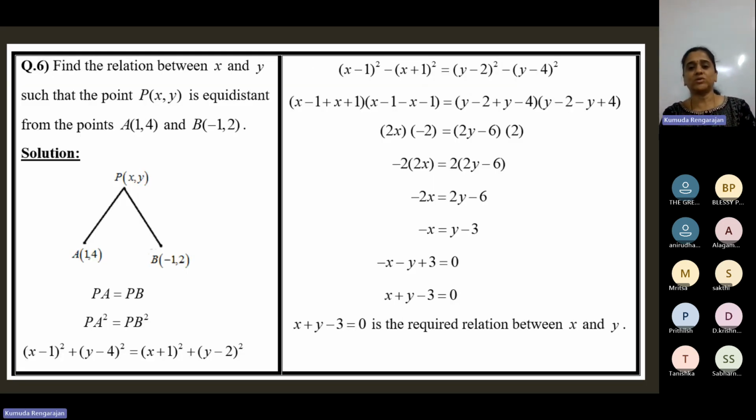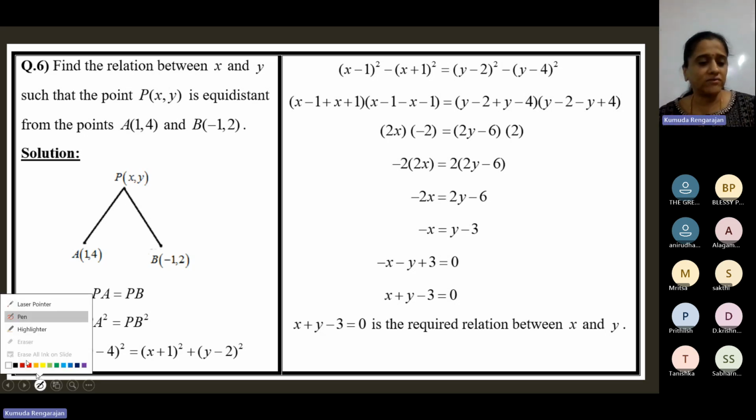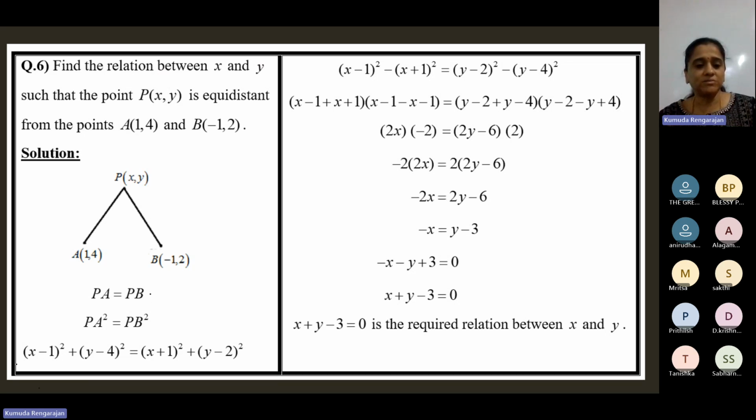All right. Let me show you the answer. So see here. Children, there's something new here, so don't get confused. I've written the condition PA is equal to PB. Then you can square on both the sides here itself. PA square is equal to PB square.